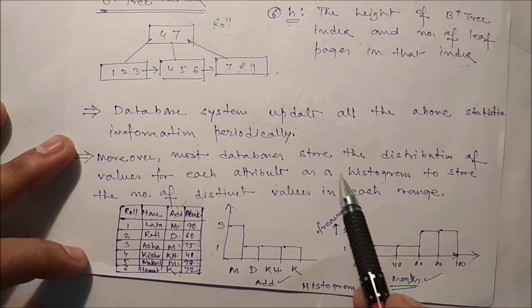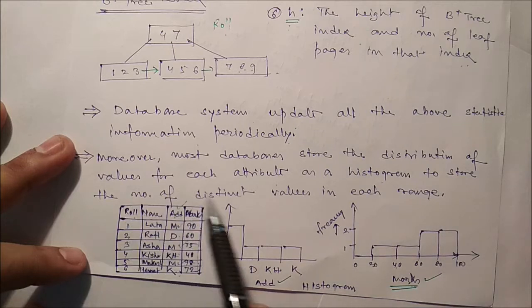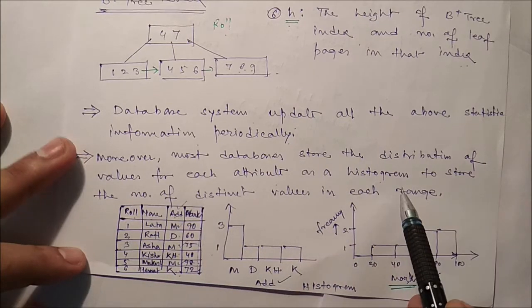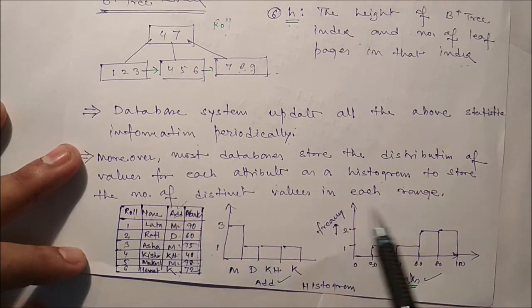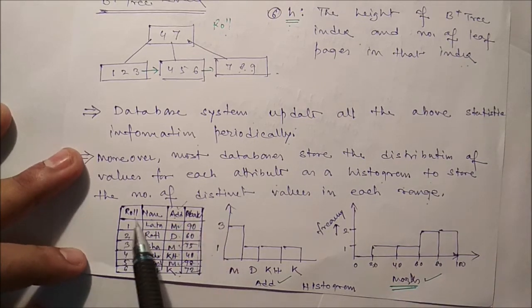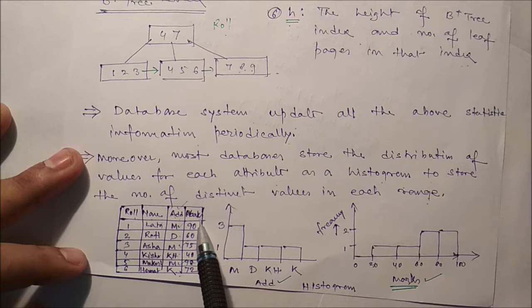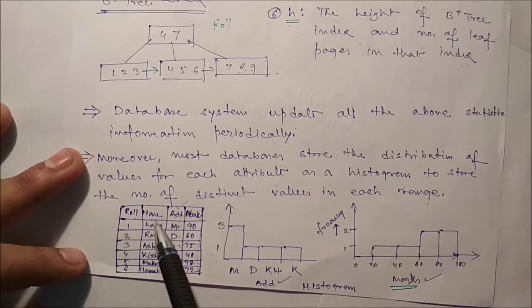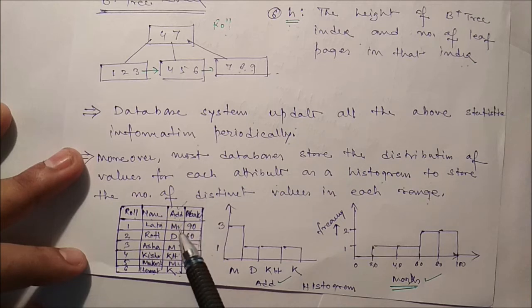Moreover, most databases store the distribution of the values for each attribute as a histogram, to store the number of distinct values in each range. Now suppose one table is there, with roll number, name, address and marks. Roll numbers 1 to 6, names Lata, Rafi, Asha, Kishore, Mukesh and Hemant. Addresses say Mumbai, Delhi, Mumbai, Khandwa, Mumbai and Kolkata.